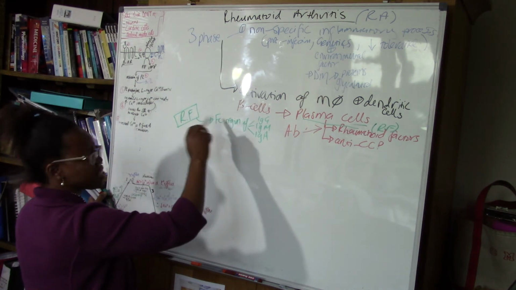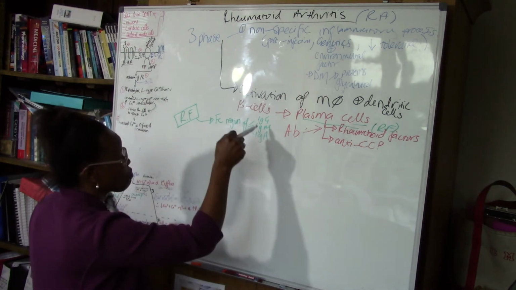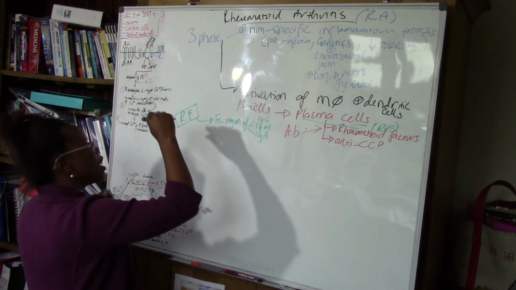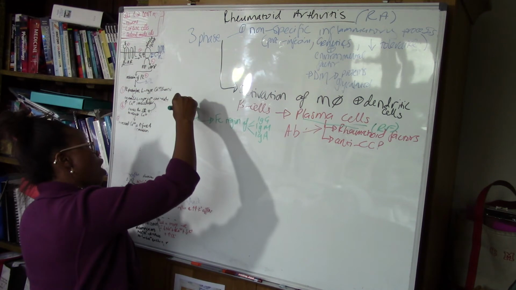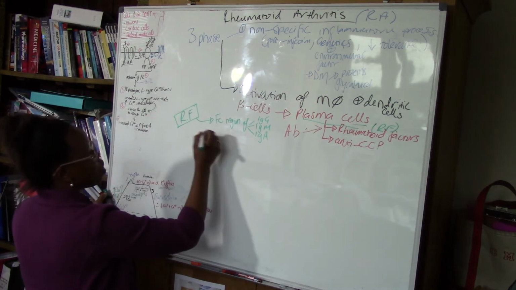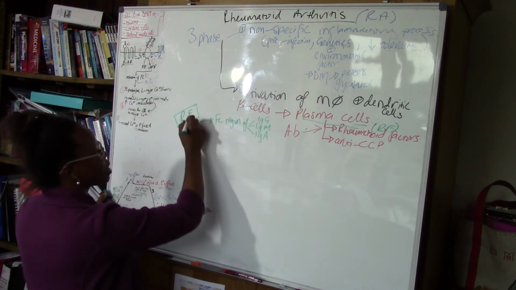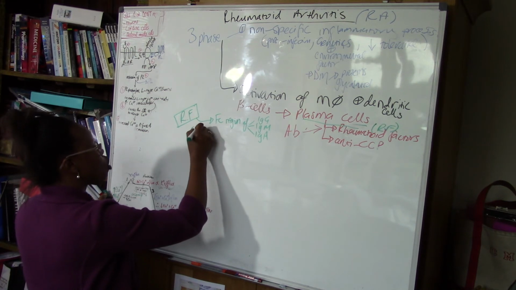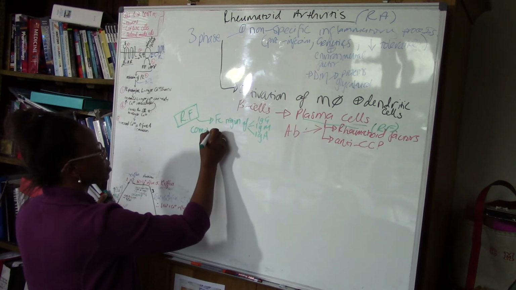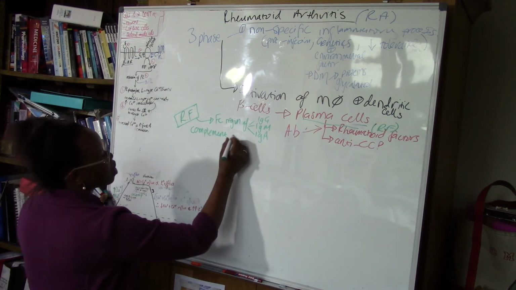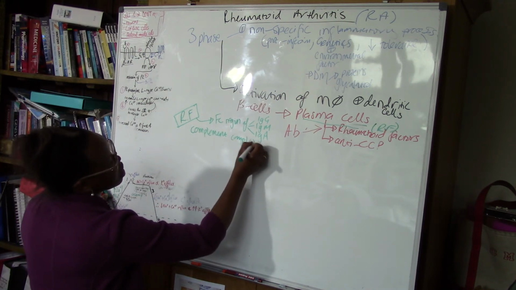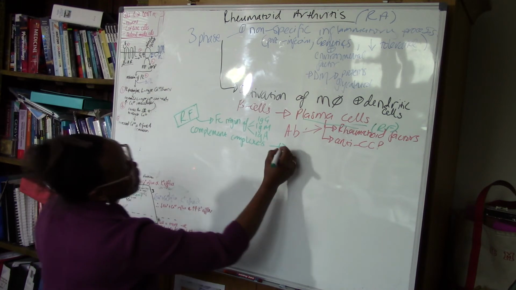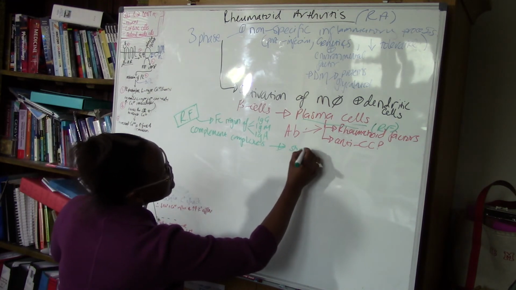And if you remember, the Fc regions are the constant regions of the immunoglobulins. And rheumatoid factors can also form complement complexes and again stimulate inflammation.